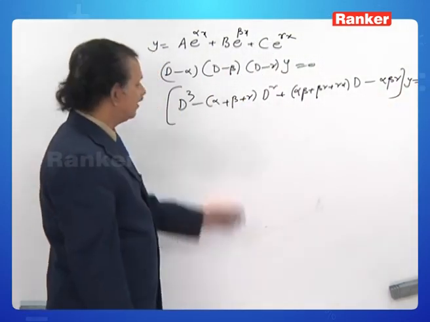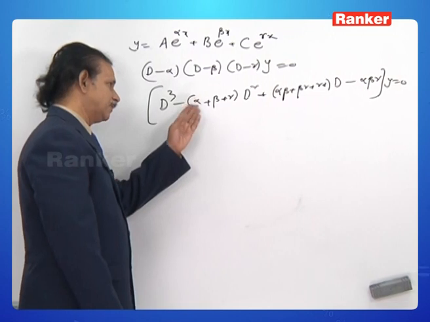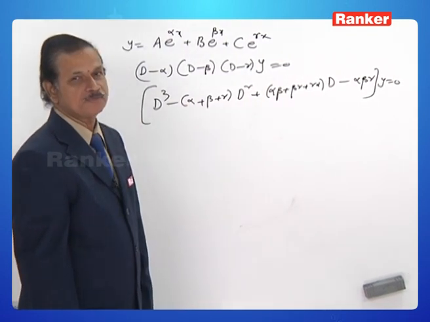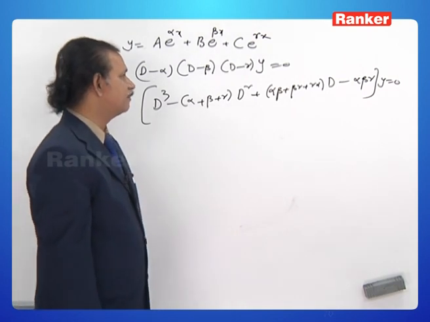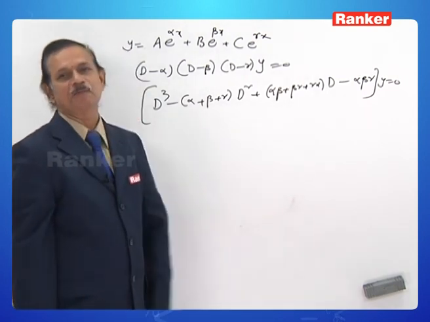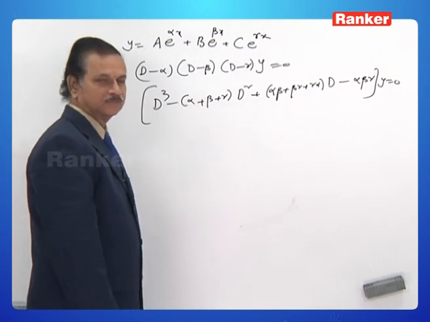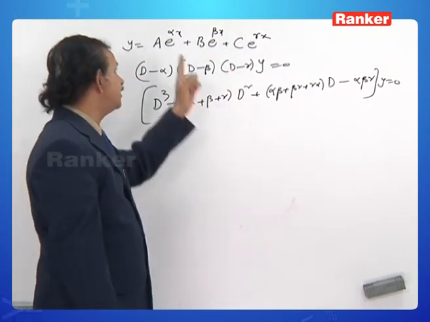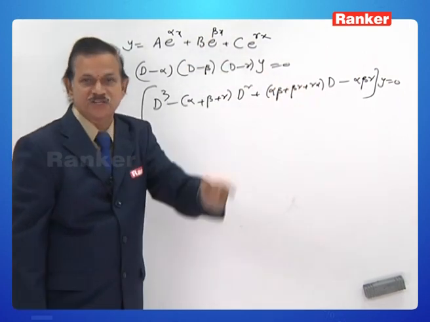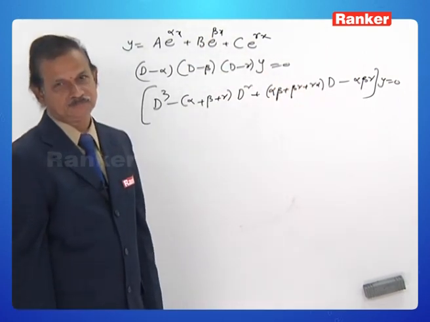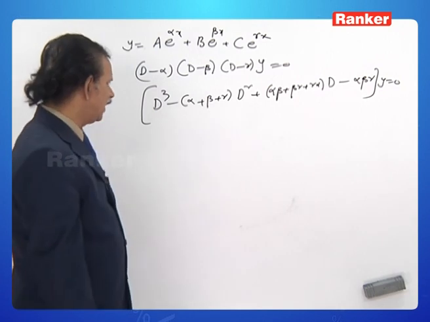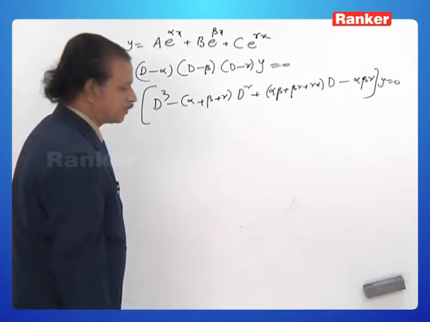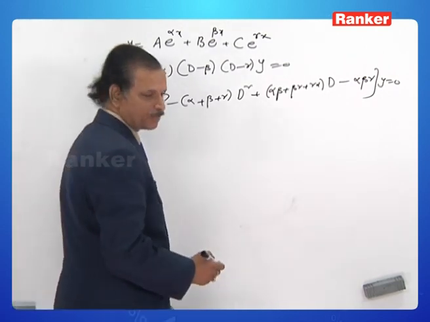That is d cube y by dx cube minus (alpha plus beta plus gamma) into d square y by dx square plus (alpha beta plus beta gamma plus gamma alpha) of dy by dx minus alpha beta gamma of y is equal to 0. This can be extended to as many functions as you like, provided these alpha, beta, gamma, etc. must be distinct. It's a beautiful result. As a matter of practice, let me give you one more such problem.